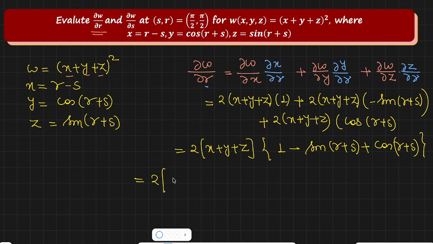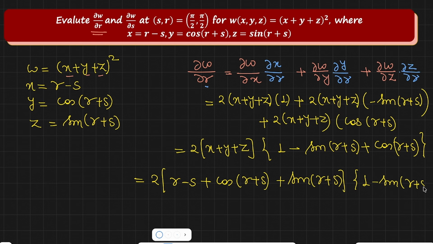The value of x is r − s, y is cos(r + s), z is sin(r + s), multiplied with 1 − sin(r + s) + cos(r + s). When you multiply all the terms, you will get 7 terms, and you can get the complete answer.